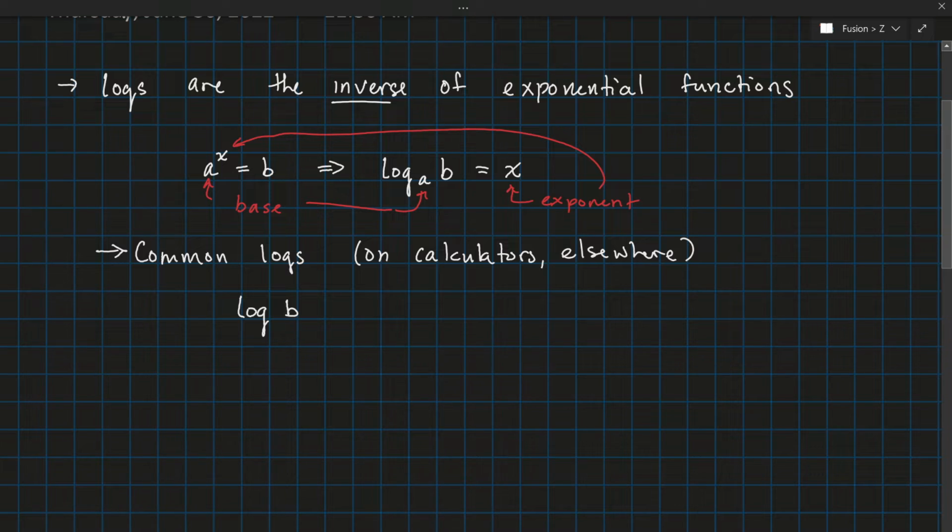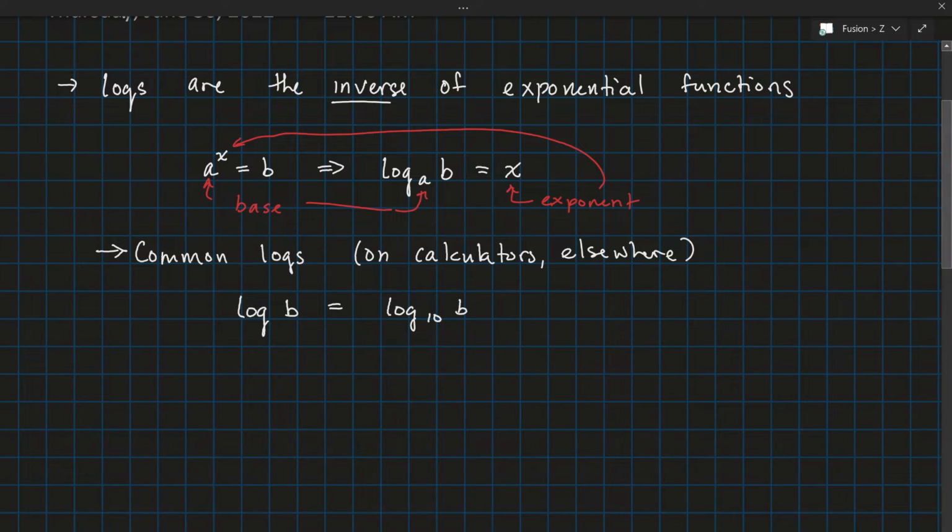It's just empty. What this is, it does have a base, it just doesn't show it. The base here is 10. So if you see a log and it doesn't have a base, assume it's 10.